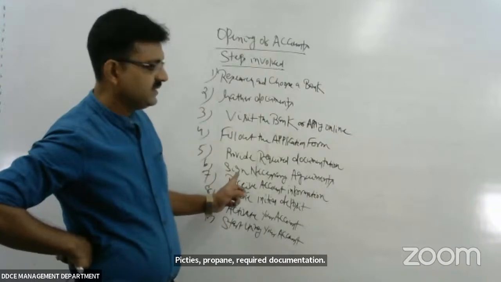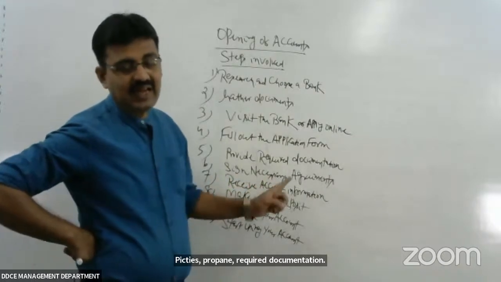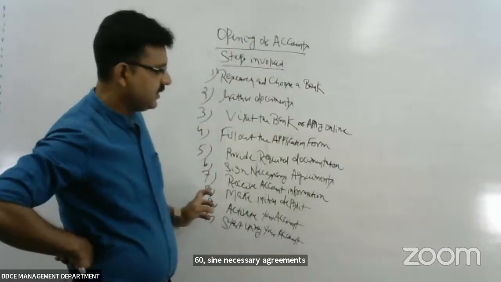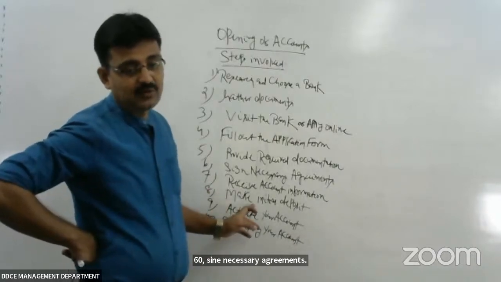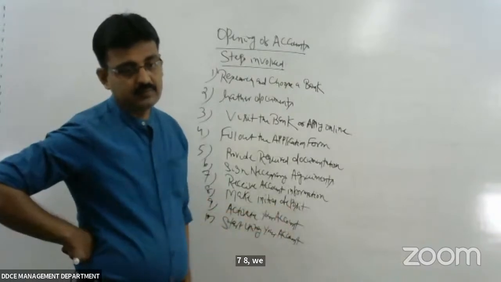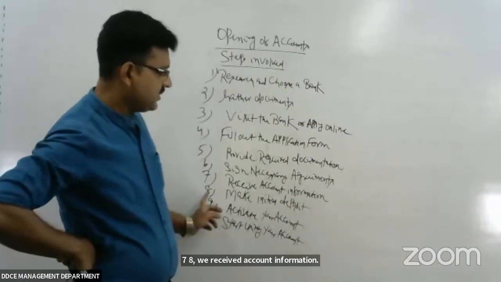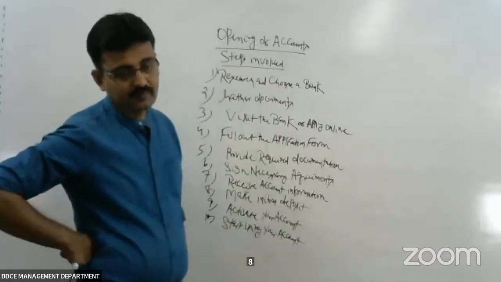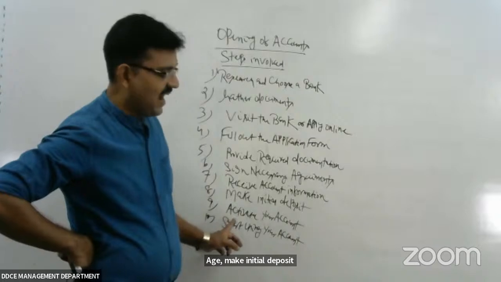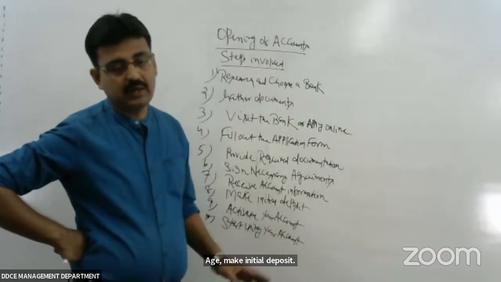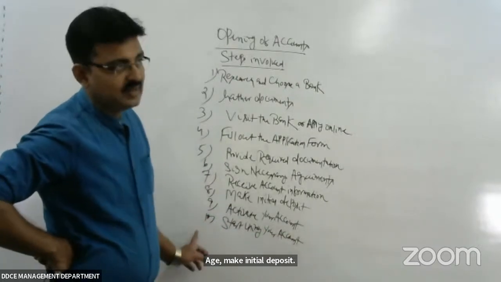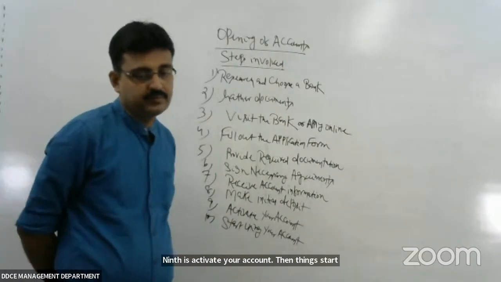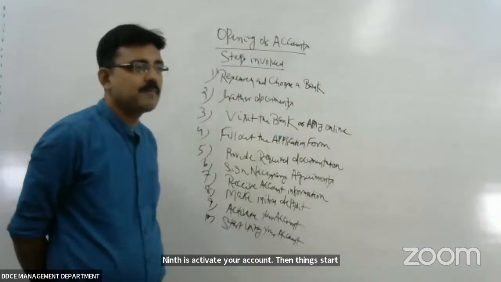Sixth is sign necessary agreements. Seventh is receive account information. Eighth is make initial deposit. Ninth is activate your account. Tenth is start using your account. Got it?